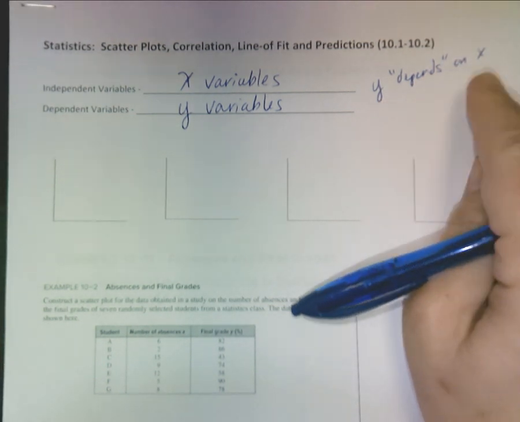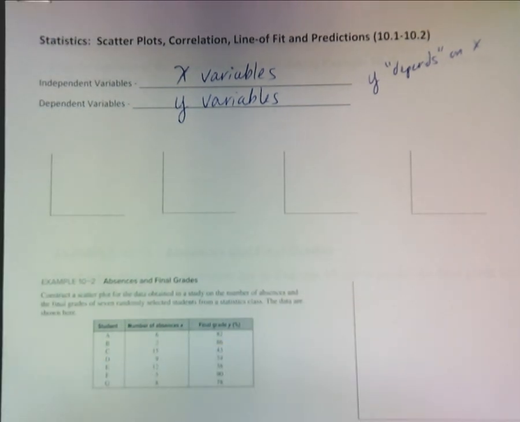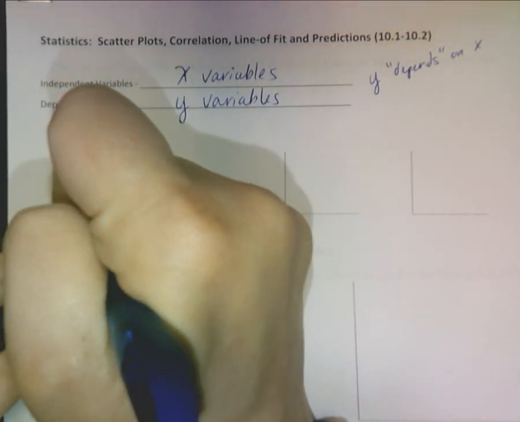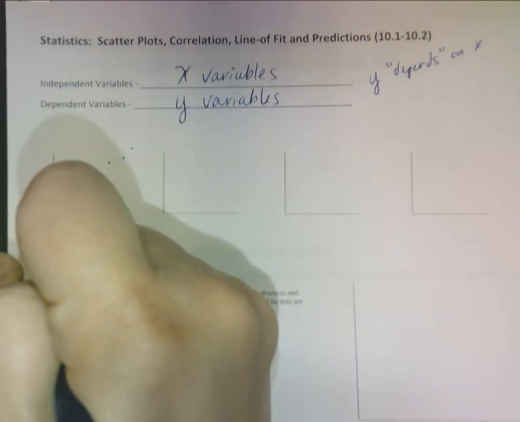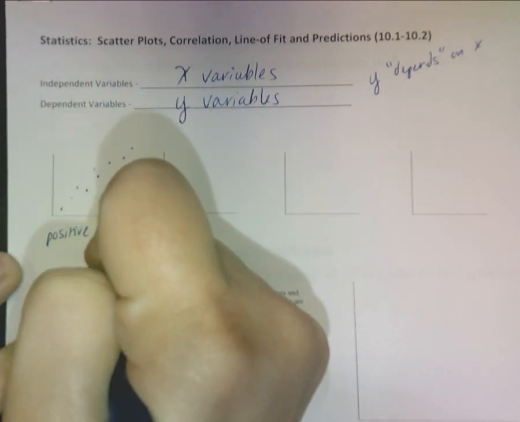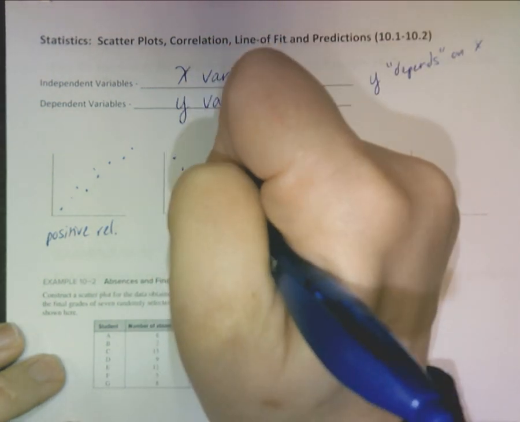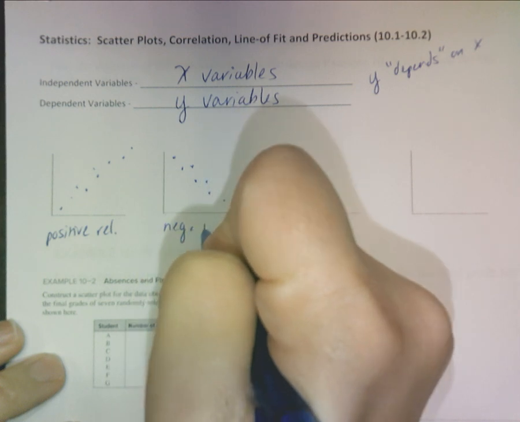There are 4 different types of relationships that occur between independent and dependent variables. You could have all your data points seem to go up. That would be a positive relationship. You could have all the data points seeming to go down. That would be a negative relationship.